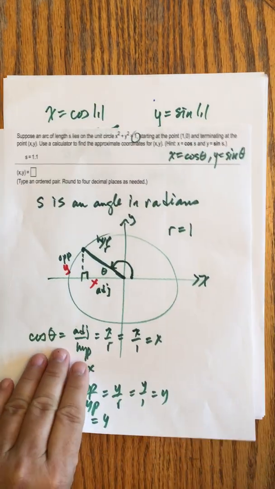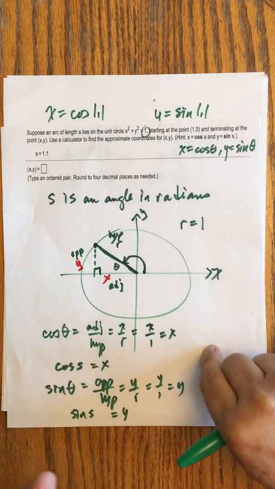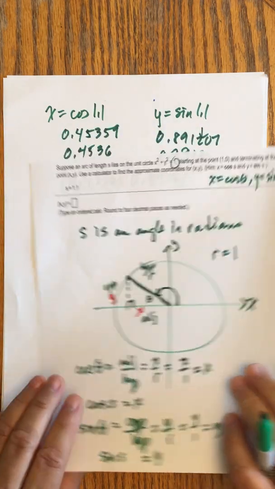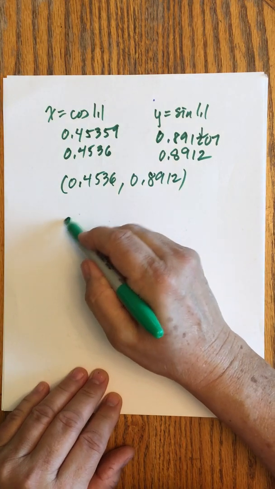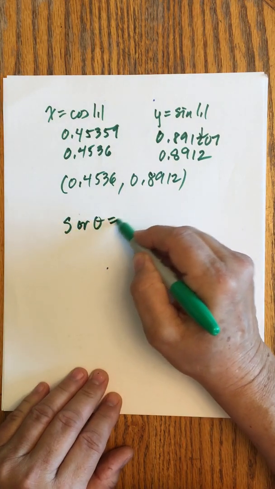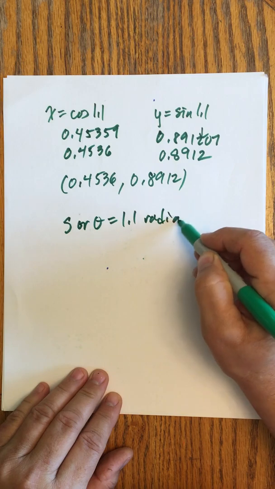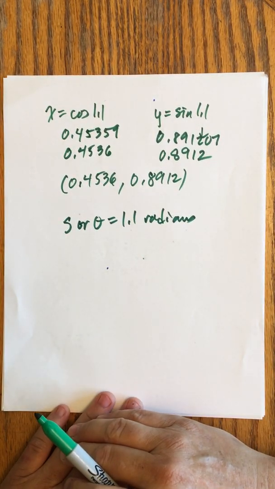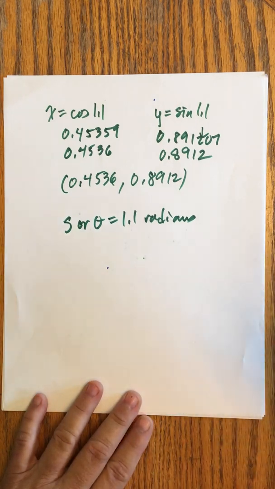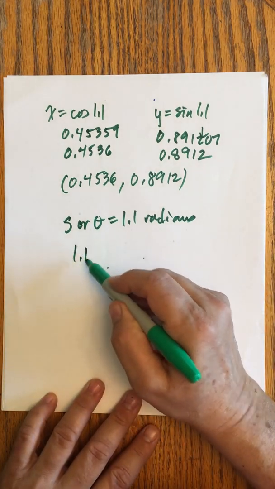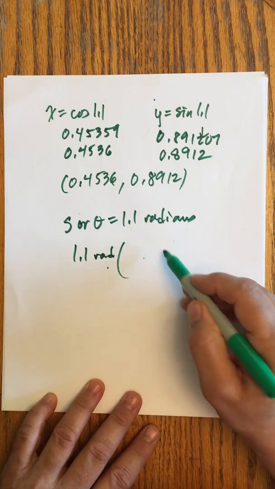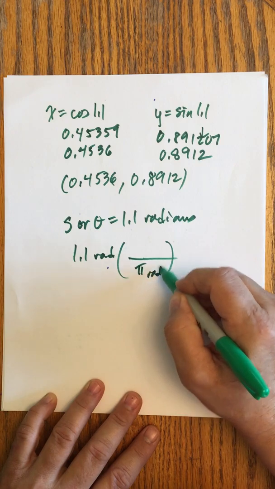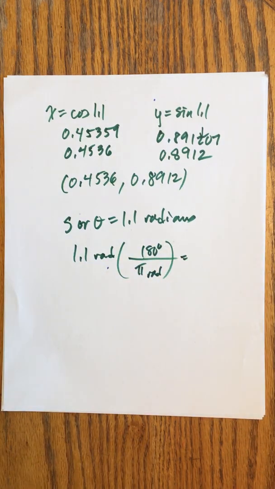Now, one last check. Again, I want to build context so that you get more and more comfortable about what all this is symbolizing, what it's telling you. 1.1 radians. What is that, more or less? So when we say s or theta is 1.1 radians, I want to know what quadrant I'm in. Well, hopefully you've memorized that 1 radian is about 57.3 degrees, but let's just say you hadn't, and you go, okay, let me just change that to degrees so I kind of know. And you should be building this. I know that pi radians is 180 degrees. So let's see how many degrees that is.